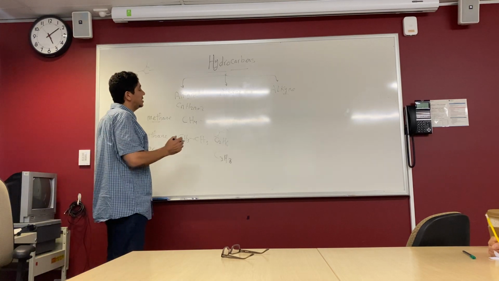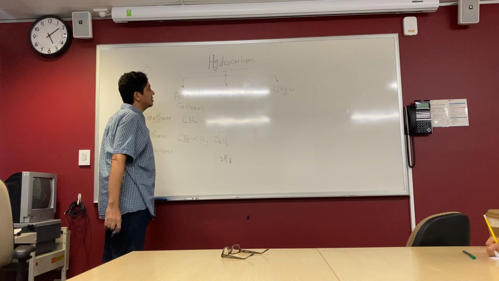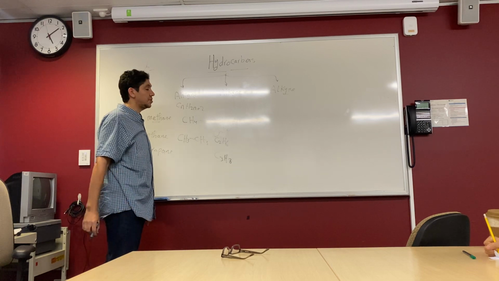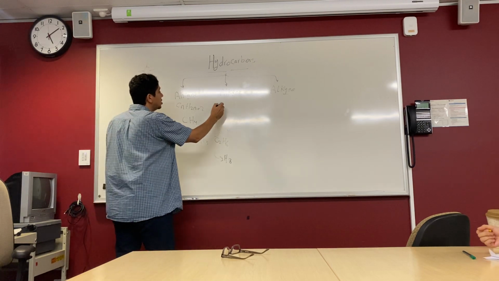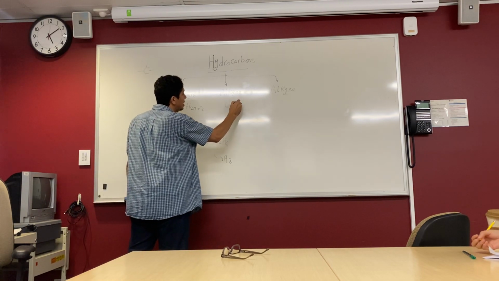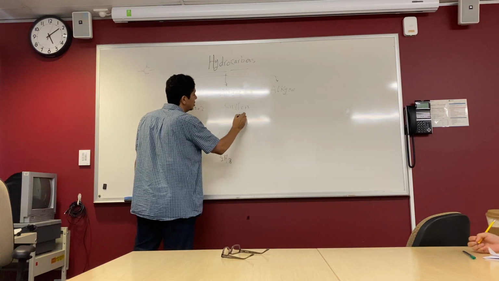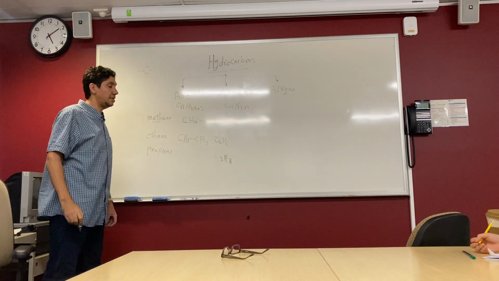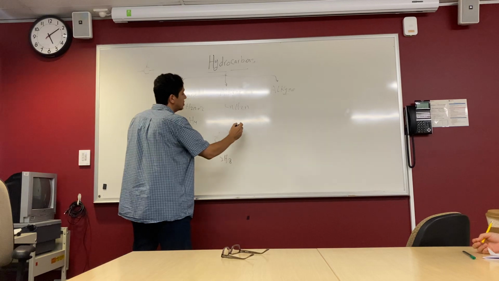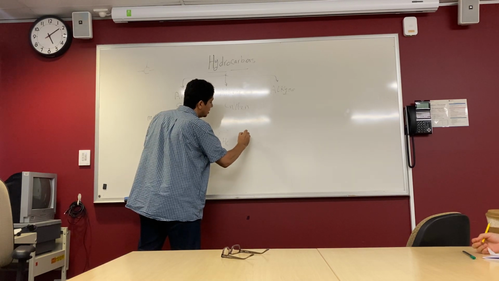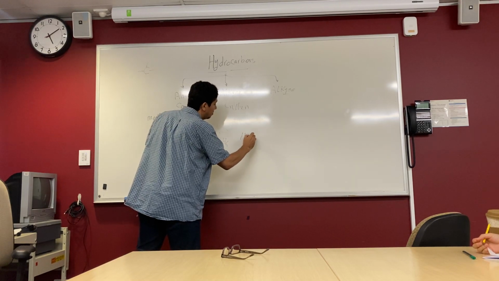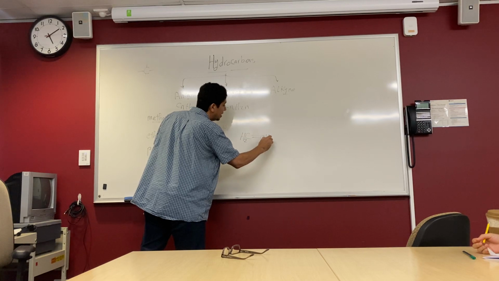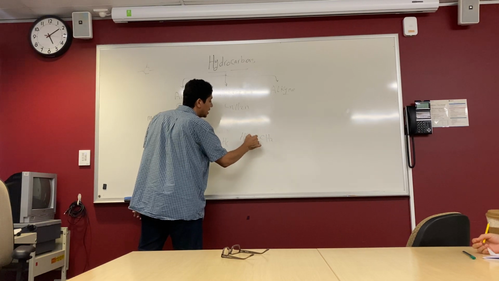The second class under hydrocarbons is called alkene, which has the general molecular formula CnH2n. So 2 hydrogens are missing here, and we have a double bond. Any alkene must have a double bond.